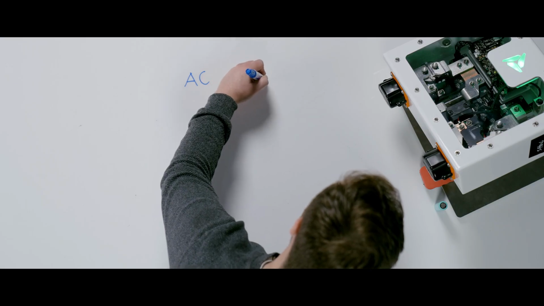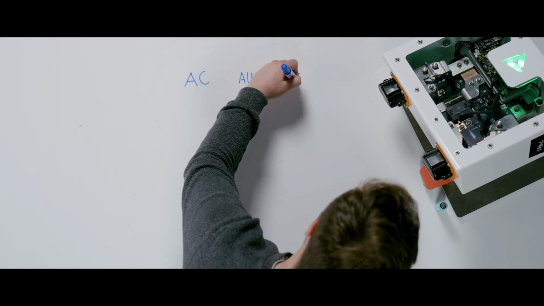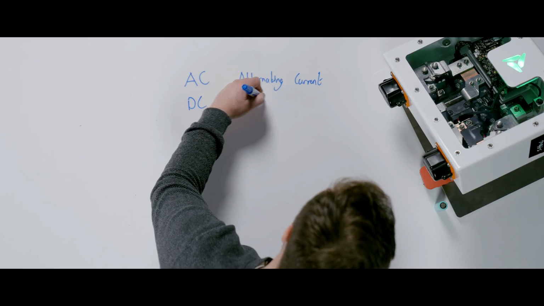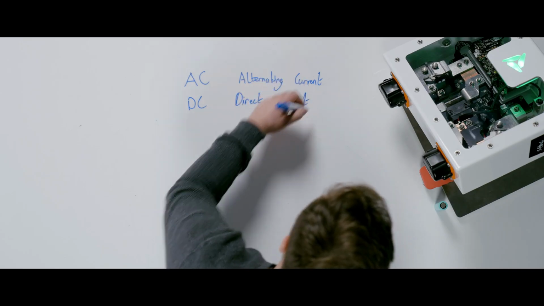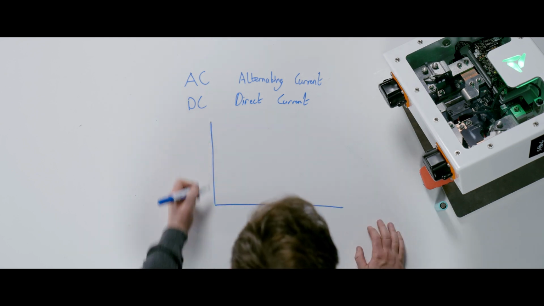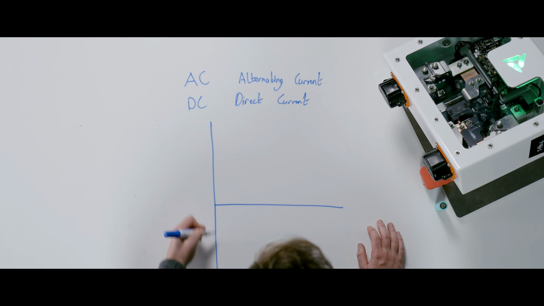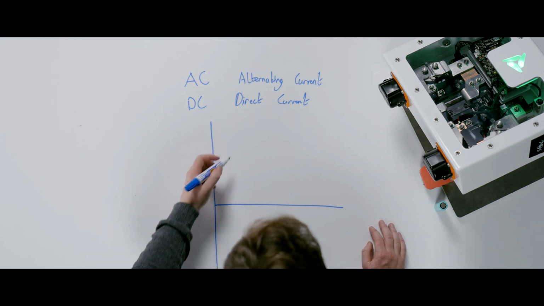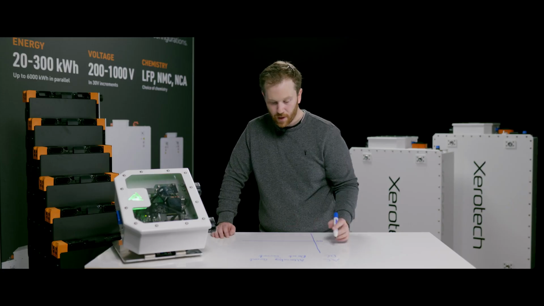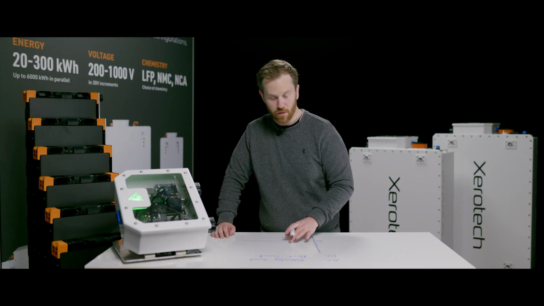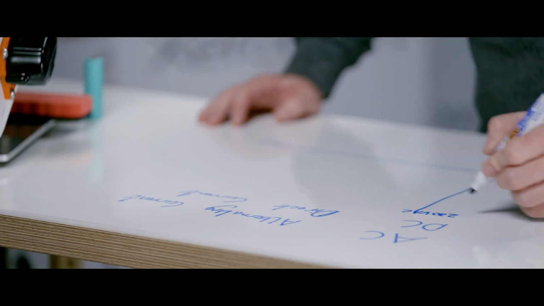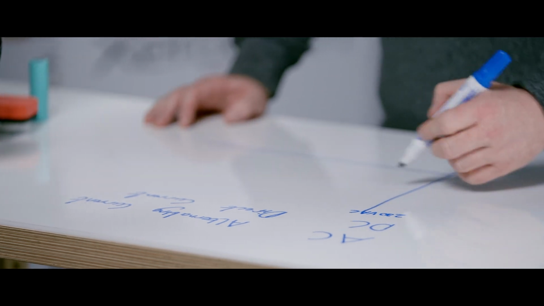So when we talk about AC, we're talking about alternating current. When we talk about DC, we're talking about direct current. And what that means is that if we are to take an axis of how that current flows between going positive and negative, alternating current, if this is 0 volts, because it's voltage that drives current, and the peak of typically in Europe here, it's typically about 230 volts AC.